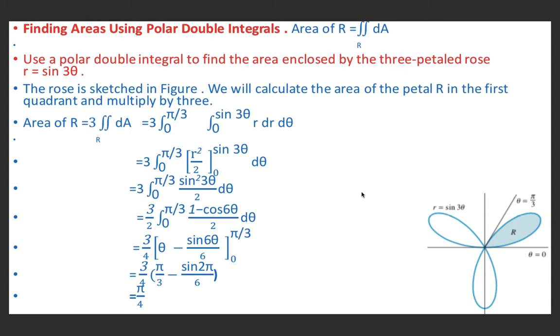So we have found the limits of integration. r varies from 0 to sin 3 theta, and theta varies from 0 to pi by 3 in this first quadrant.